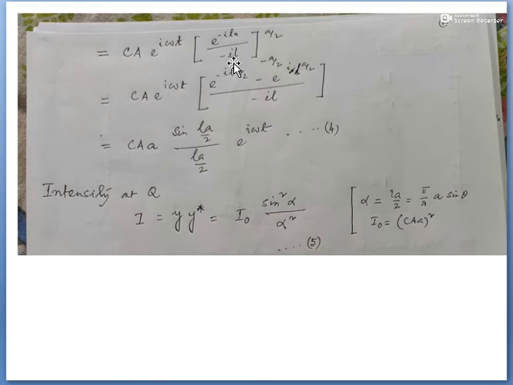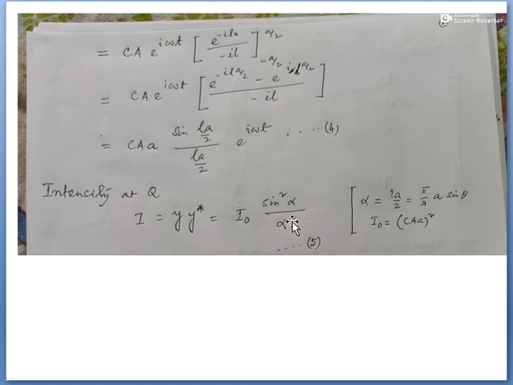Now this term will give me sine La by 2, and this will be L by 2 because this will be 2i sine La by 2, so i will cancel each other, so that will be sine La by 2 divided by La by 2 times A e to the power i omega t. Now the intensity is just the disturbance times its complex conjugate, so that will be y into y star.